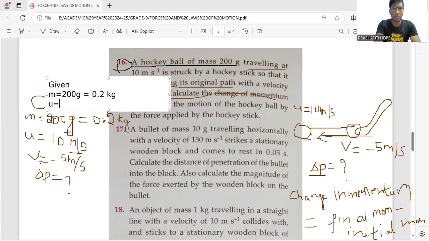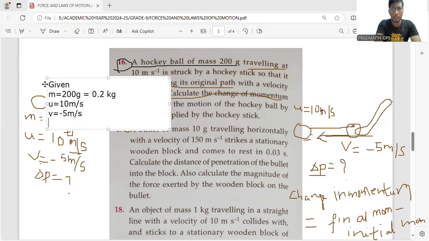Then initial velocity u is equal to 10 meter per second, and final velocity v is equal to minus 5 meter per second. Delta P, change in momentum, is equal to question mark. We need to find out. So what is the formula?